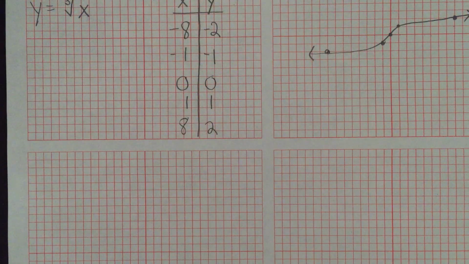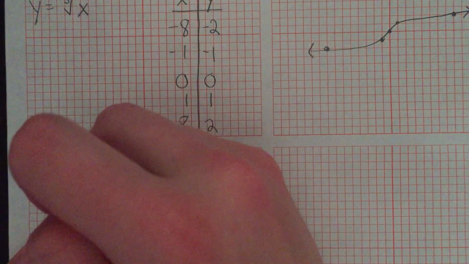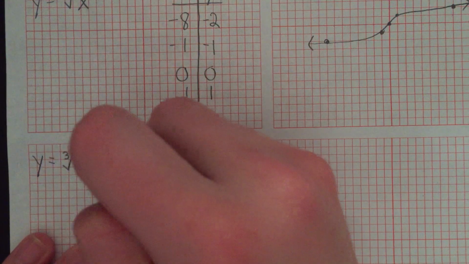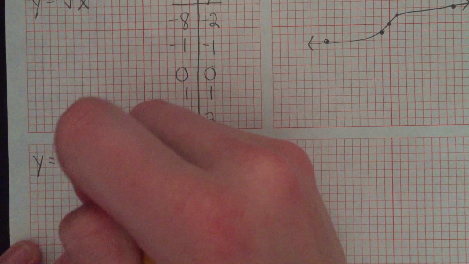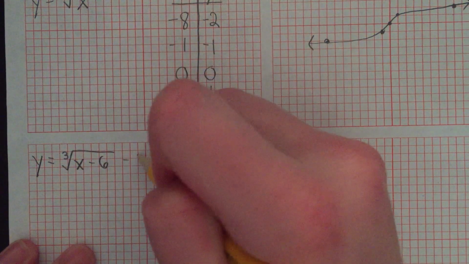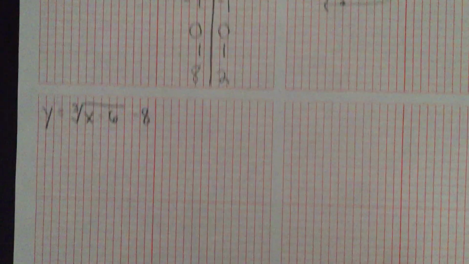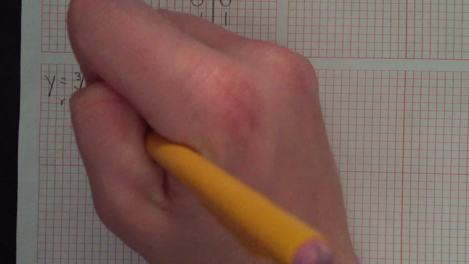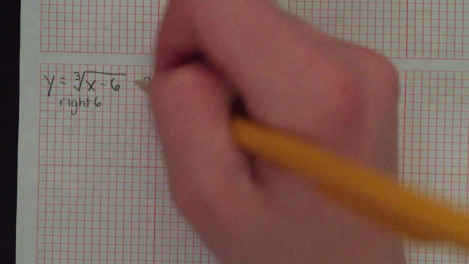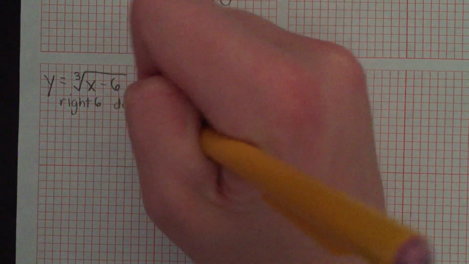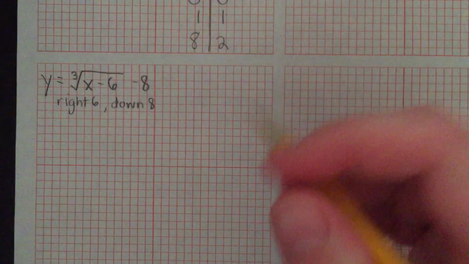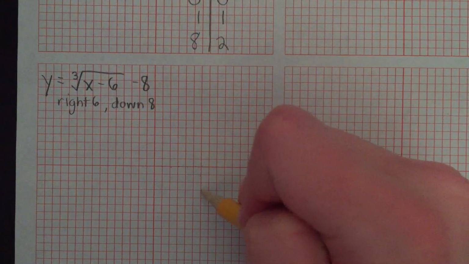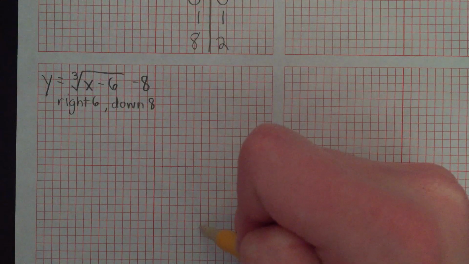So on this one, a couple of transformations for you. If I give you y equals cube root of x minus 6 and then minus 8, that minus 6 moves right 6, and the minus 8 moves it down 8. So this would be right 6, down 8.